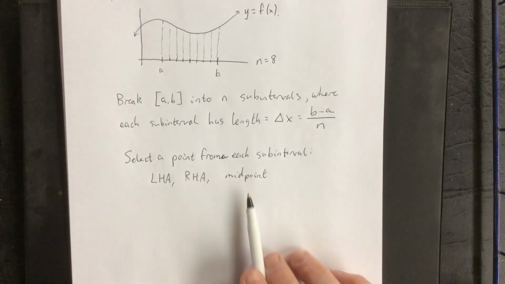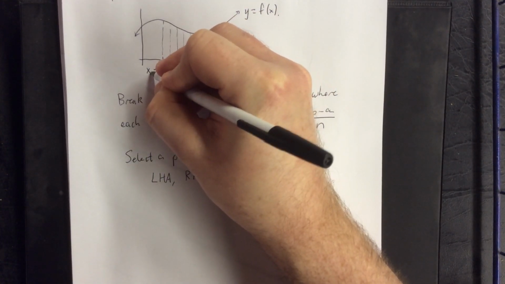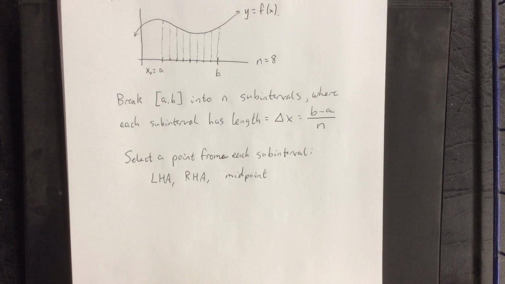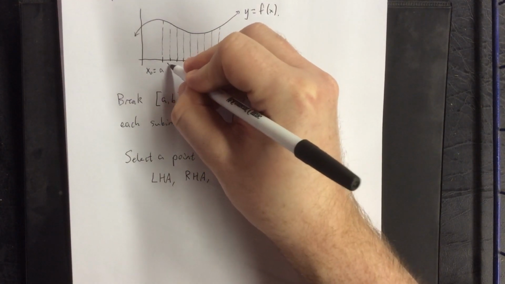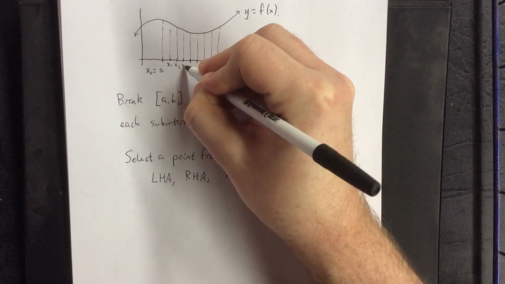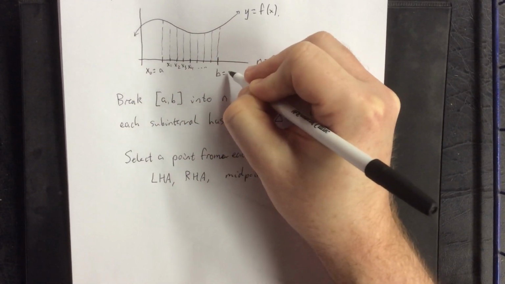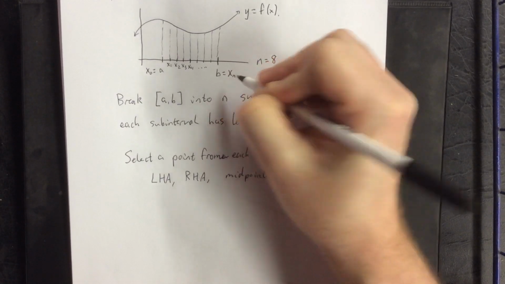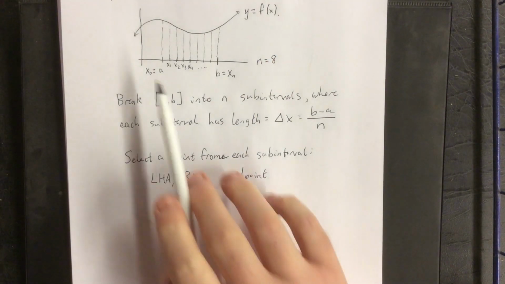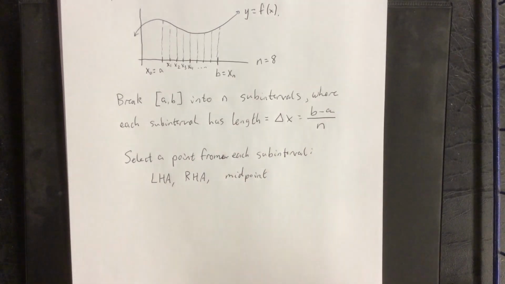Now for that purpose, what we're going to do is label these points. Your left endpoint I'm going to refer to as x0. The first endpoint after that we'll call x1, followed by x2, followed by x3, followed by x4, and continue to do so all the way until we get up to whatever our b value is. Given that there were a total of n subintervals, this will be x sub n.